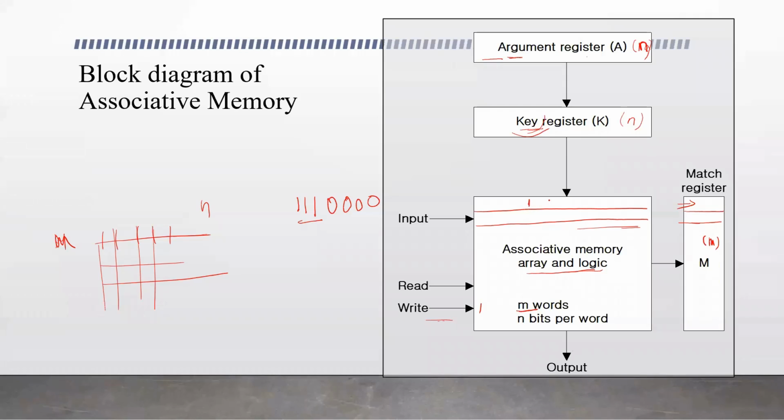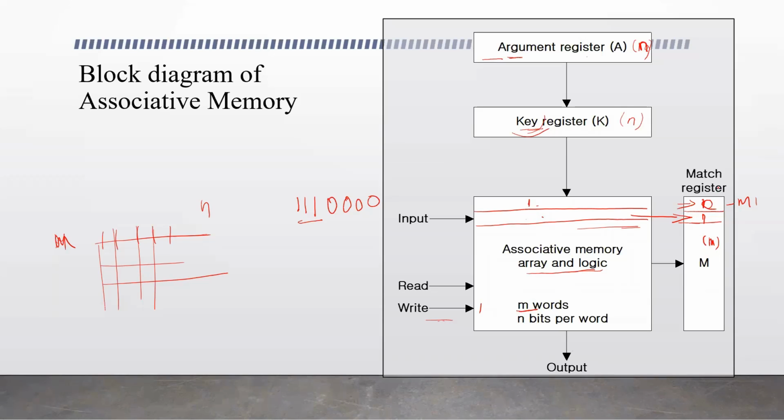If those bits match, the corresponding match bit, let's say this is M1, is set to 1. If there is no match, it is set to 0. And the search is done with the next word. The next word of memory is compared with the word in the argument register, and if there is a match, the second corresponding match bit is set to 1. If there is no match, it is set to 0.